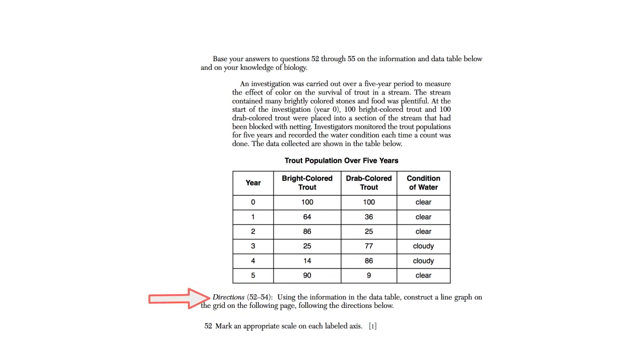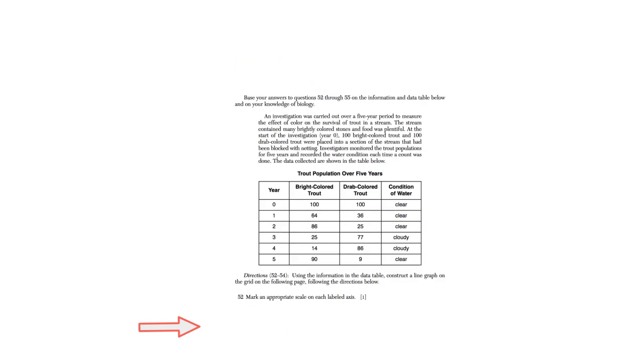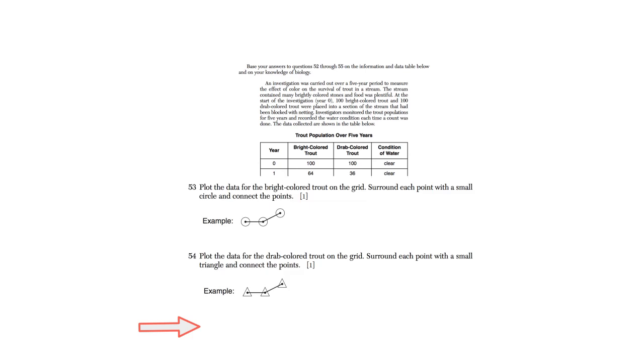Using the information in the data table, construct a line graph on the grid on the following page, following the directions below. 52: we have to mark an appropriate scale on each labeled axis, meaning X and Y. Then 53 says, plot the data for the bright colored trout on the grid, surround each point with a small circle and connect the points, as you can see in the example.